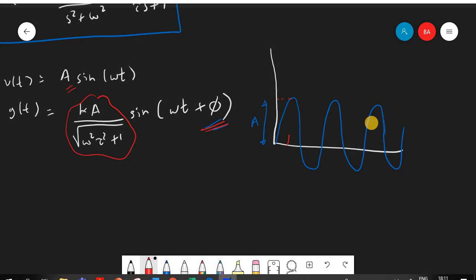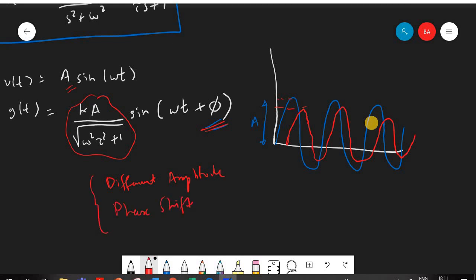So this will have a phase shift, and in addition it will have a different amplitude, and it will be something like that. So I'm going to have a different amplitude for my output and a phase shift, okay? So this is for my y of t, the output.